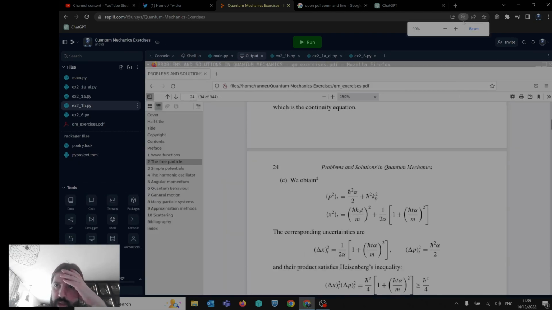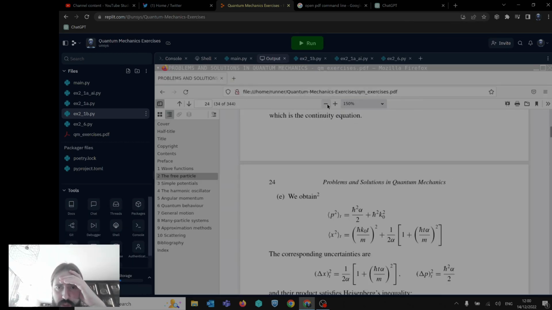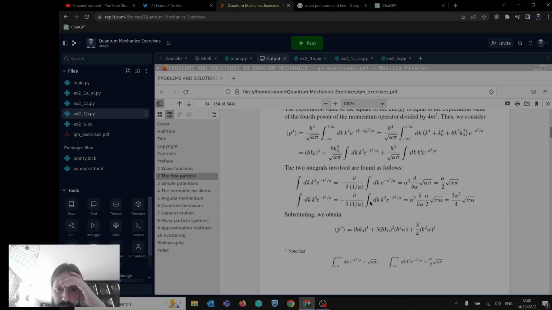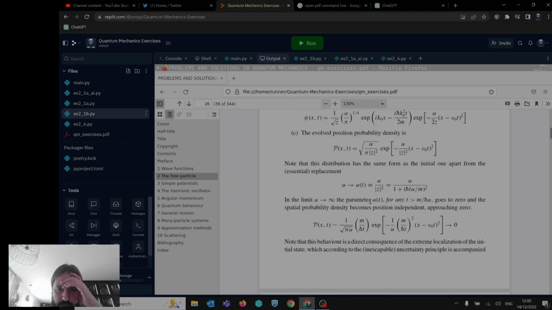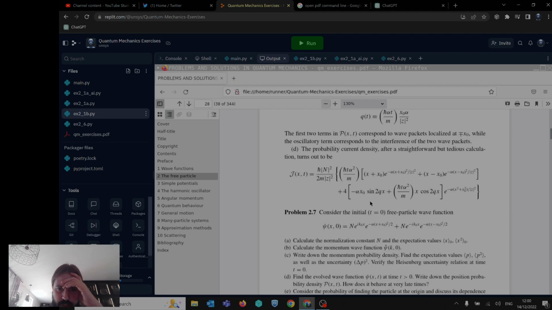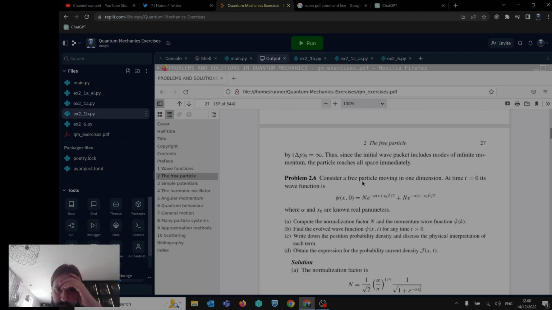It just goes pretty slow, the PDF thing. Problem. Oh, come on. Yeah, that's it. Consider a free particle in one dimension. This is a wave function, so this is what I was trying to do. Okay, so that's the other exercise.